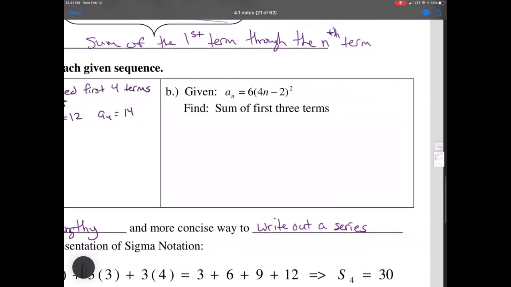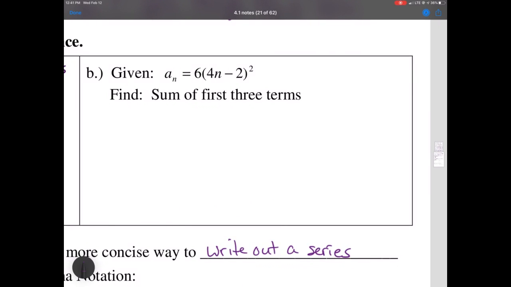So for the next one, this one says find the sum of the first 3 terms. So 6 times 4n, minus 2 squared. So we'll find a sub 1. Again, put it in your calculator in your y equals, and at 1 it equals 24. a sub 2 equals 216. a sub 3 equals 600. a sub 4 equals 1176.